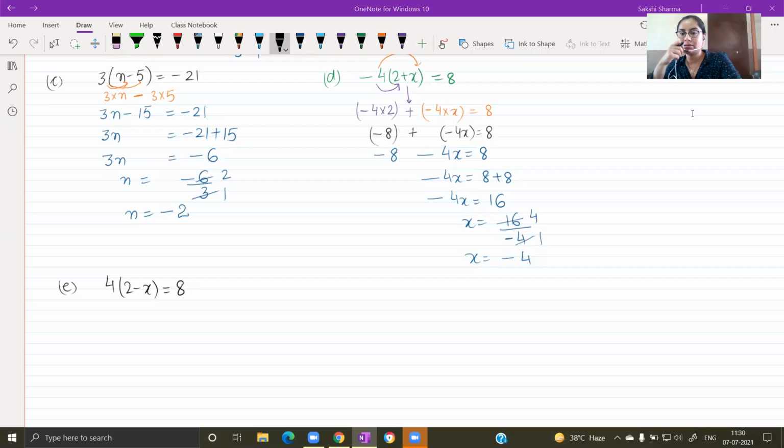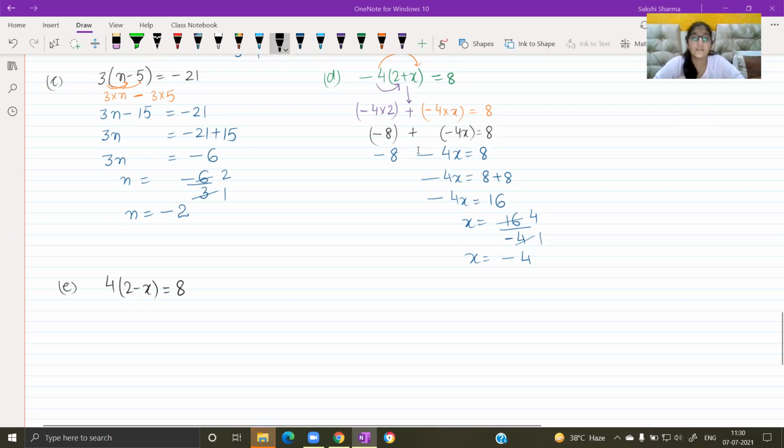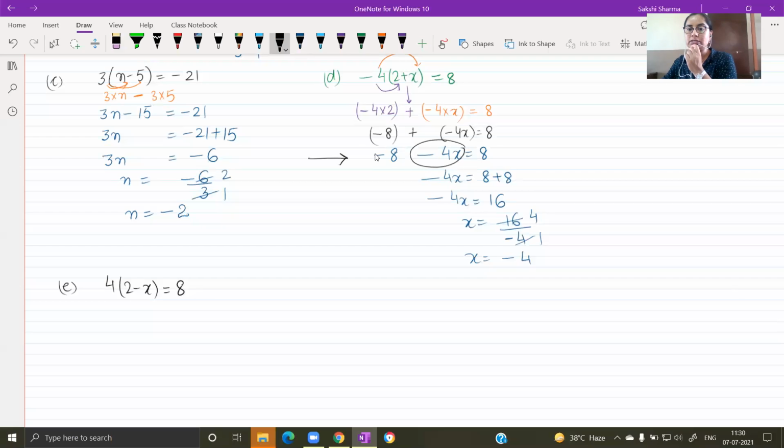Yes, Tanvi? Ma'am, please explain D part. D part, when you multiply minus 4 with the numbers inside, is that step clear? Yes, ma'am. And when we have simplified, is it clear till this step? Now what we want to do is the term containing x will be kept on left hand side. So I want minus 4x to stay here.